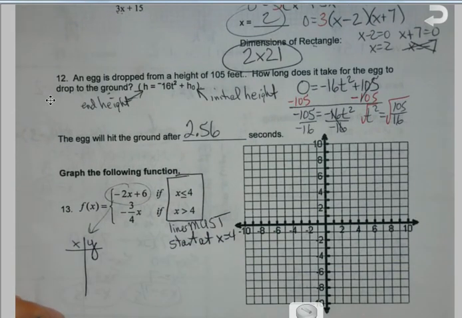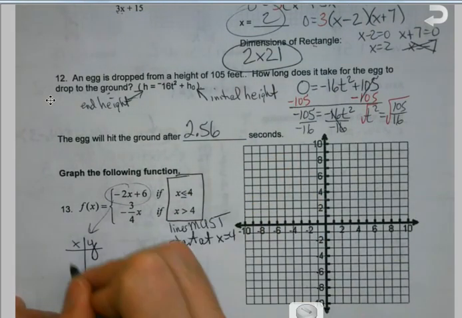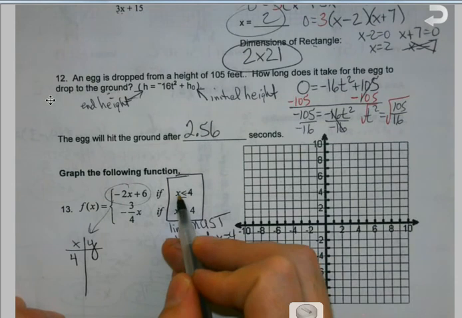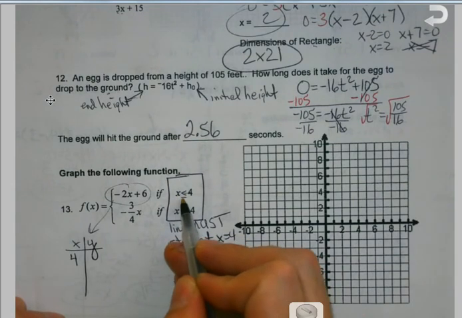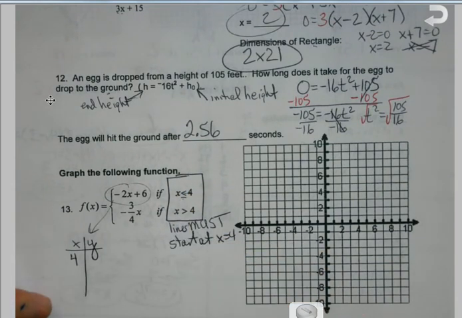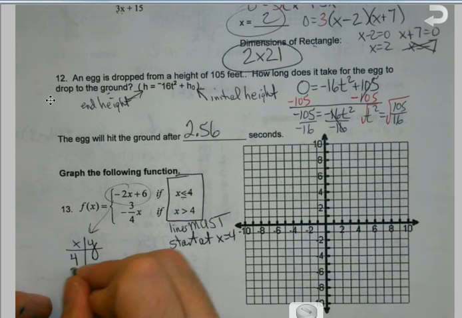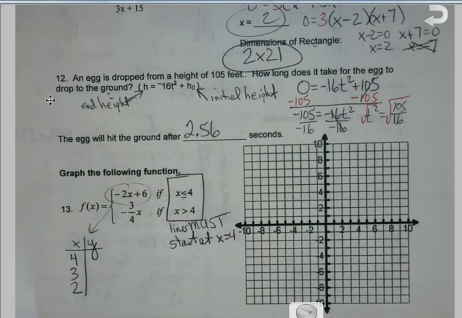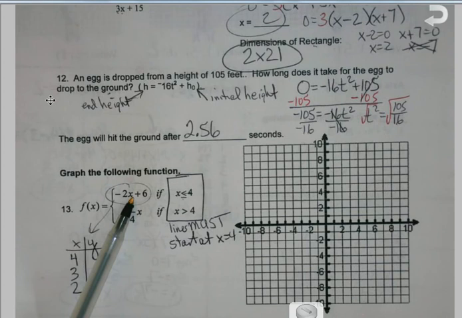If I'm doing it here, where do I start my chart at? 4. What does this say? X is less than or equal to 4. What are a couple numbers that are less than 4? 3 and 2. Now, if you want to plug that into the calculator and look at a table to get these values, you can.